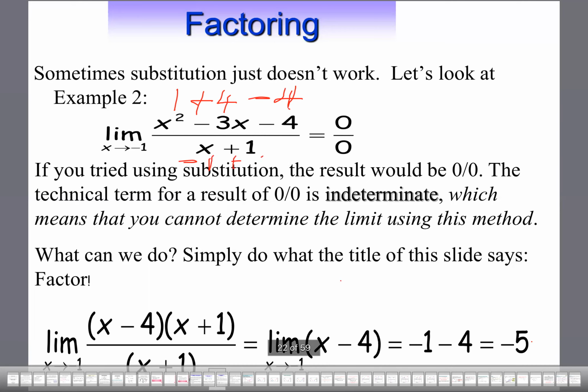Simplifying, this becomes 0, and the other side also becomes 0. 0 divided by 0 is indeterminate, no value. That means if we try using substitution, the result would be 0 divided by 0.